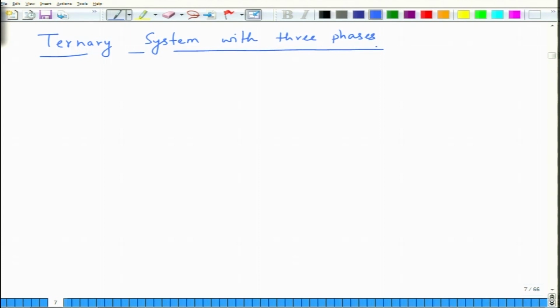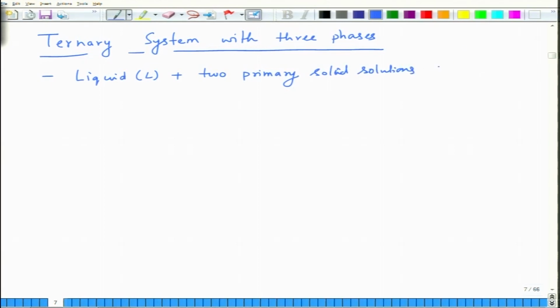So, an example of such a system could be something like what I am showing you here. I am not going to go through all of them, but basically what it means is the liquid L plus 2 primary solid solutions.